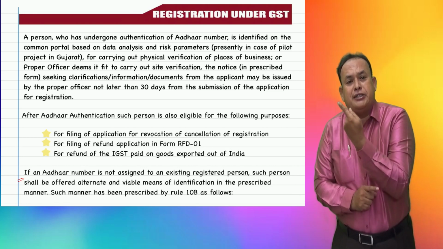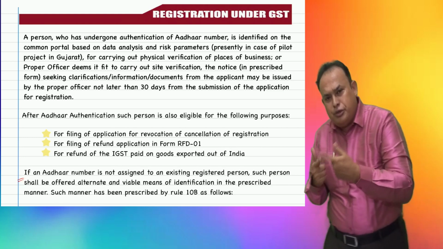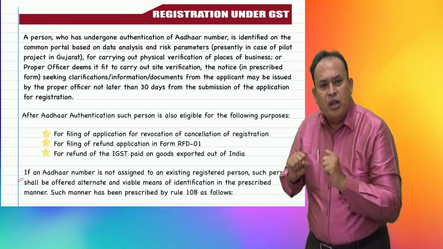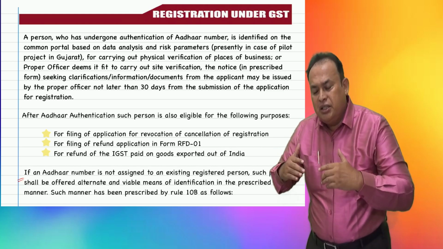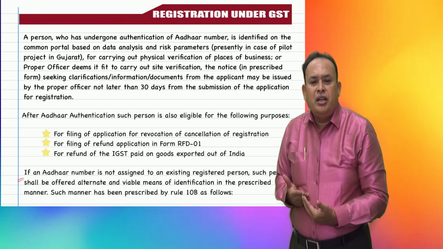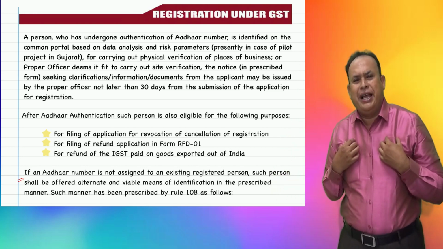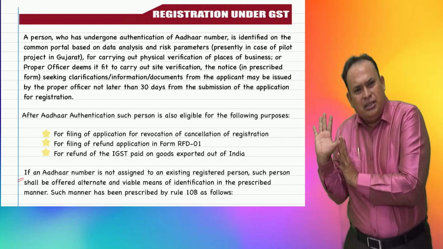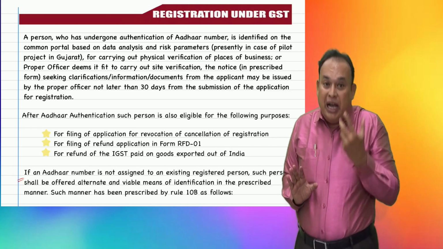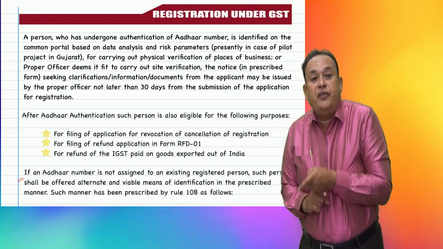Before granting the certificate of registration, go to his premises. Verify whether he exists or not. Whether what he said is correct or not. Once you are satisfied, okay, he was a bad boy, now he has applied for registration correctly, then you grant the certificate of registration.